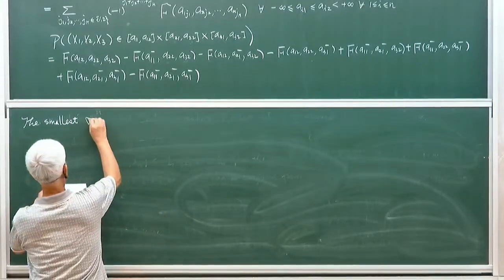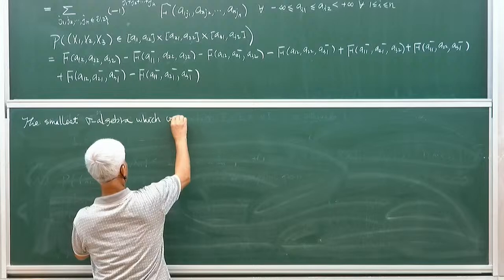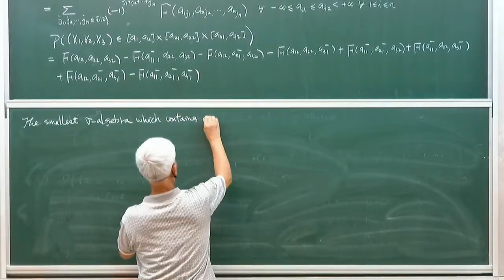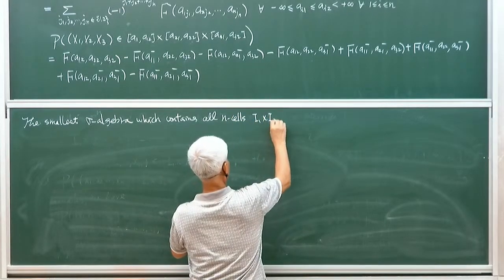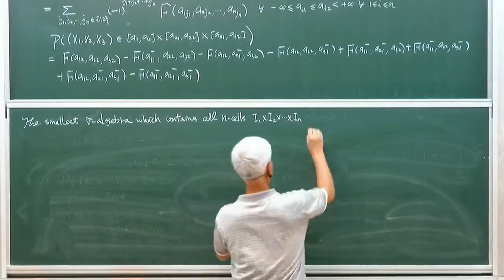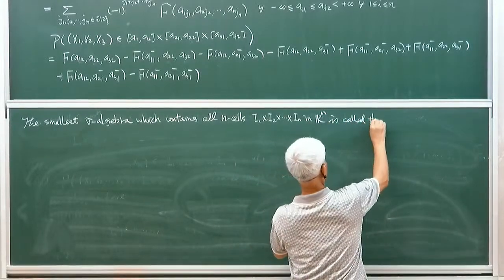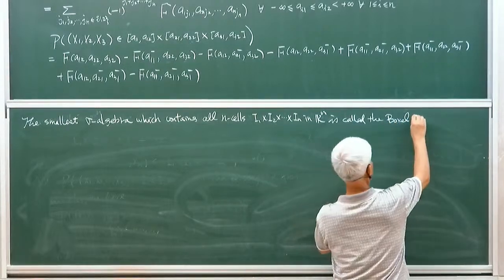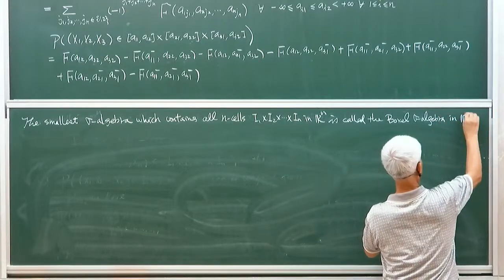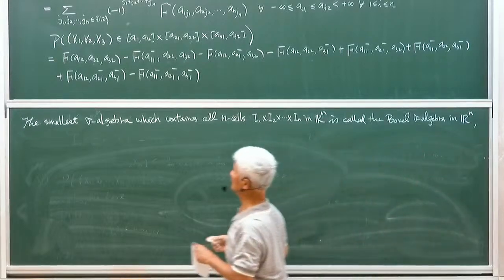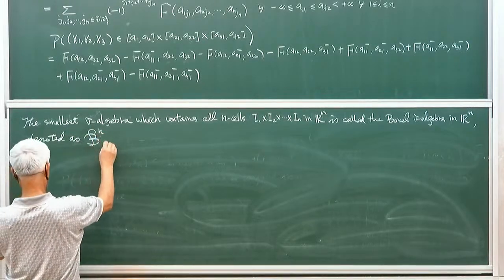The smallest sigma algebra which contains all n-cells, I1 times I2 times up to In, in Rn is called the Borel sigma algebra in Rn, denoted as script B sub n.